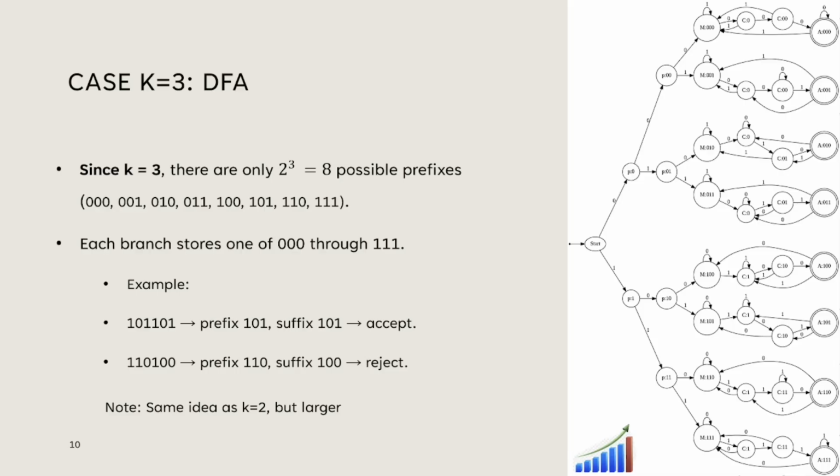Once it moves through the entire length of the string, it reads the prefix and the suffix and matches. From there on, it moves into the accepting state. The only difference we notice is that with one increment of k, the possible prefixes almost double, which shows an exponential growth in the size with one increment of k.